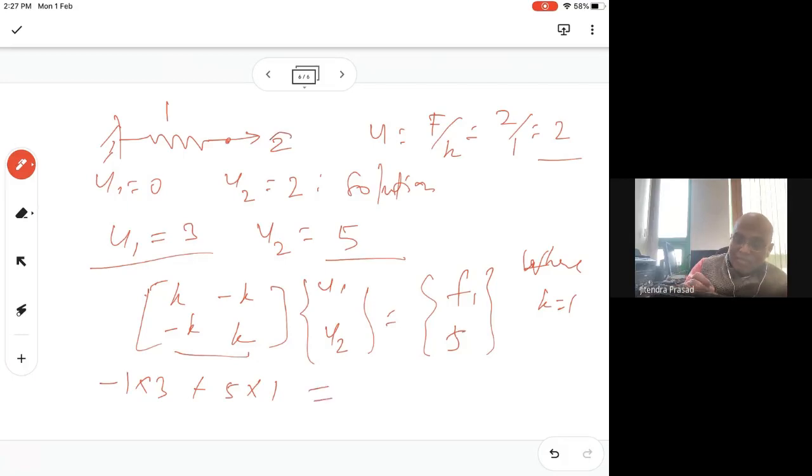Force is equal to 2, so it should be 2 here. Our force was 2, so I'm writing 2 here. So what we get is equal to 2.